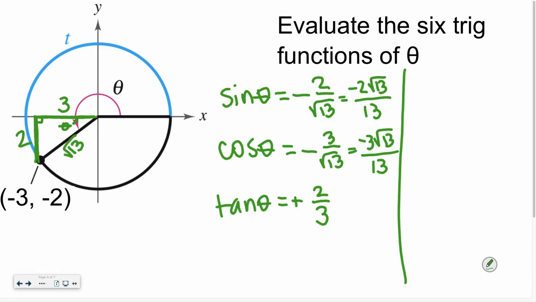Now, for your reciprocal functions, please be smart about what you're taking the reciprocal of. For example, if I'm going to do our cosecant ratio, I know that the cosecant is the reciprocal of sine. Ladies and gentlemen, if I take this right here and make it a reciprocal, I'm going to have to rationalize the denominator again.